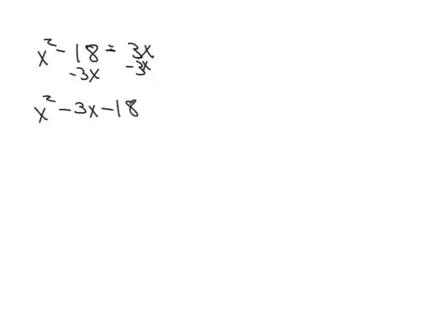So let's start with an example here. If we have x squared minus 18, and we say that equals 3x. Alright, first of all, we have to set this equation equal to 0. So we're going to subtract 3x from both sides. And we get x squared minus 3x minus 18 equals 0.